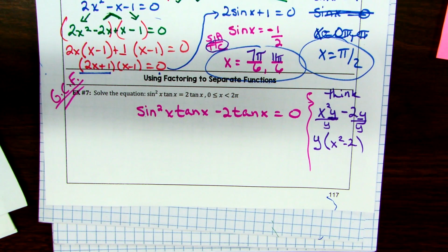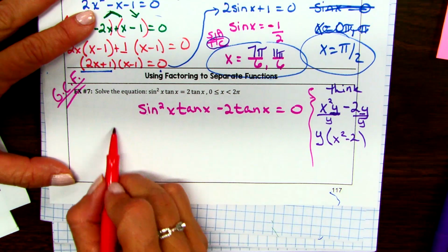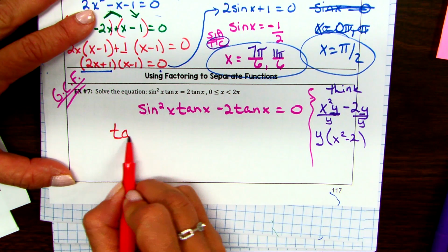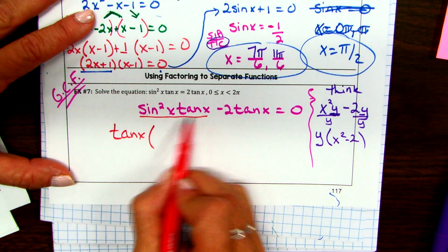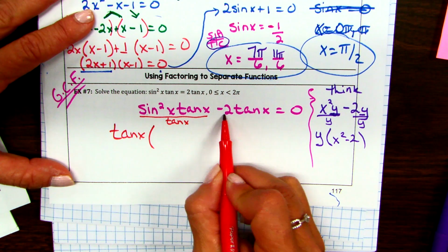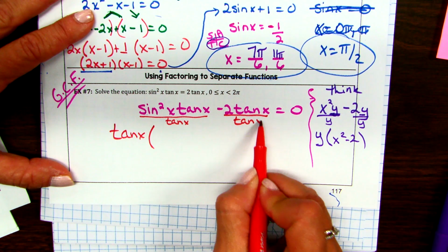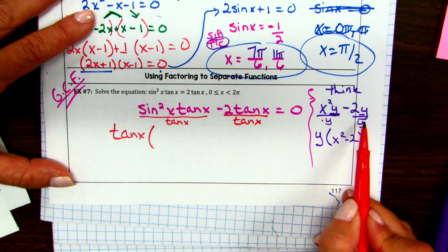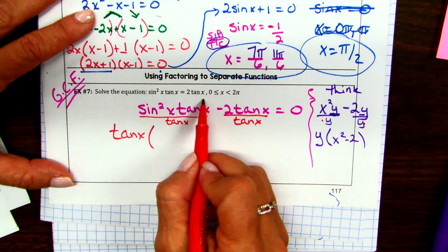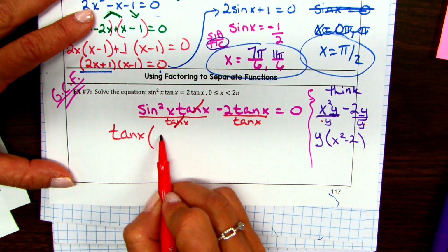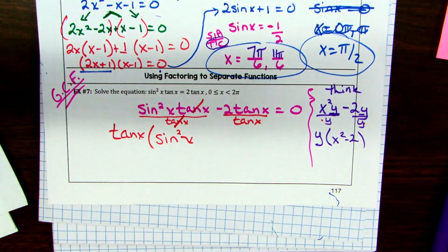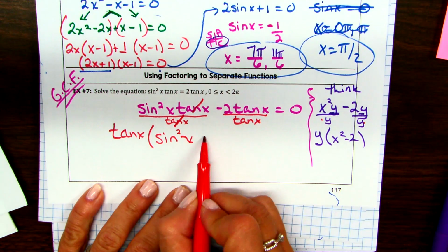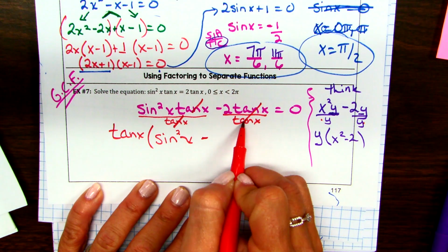They both have a tan. So that is what's going to go on the outside of my parentheses, tan x. Whatever's left over goes inside. If it helps you to show this step, go ahead. I'm dividing both of these by tan x, just like I divided both of these by y. Tan x cancel. All that's left is sine squared x. And minus, tans cancel, 2.